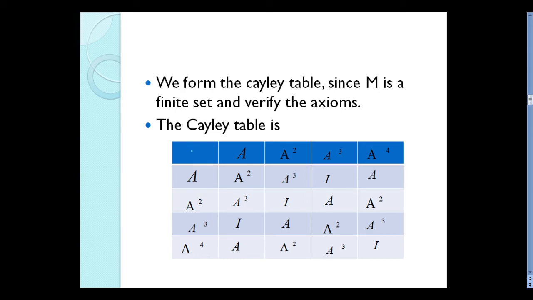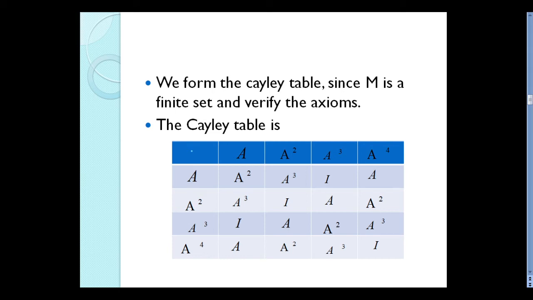So here you find A into which element gives A. A into A power 4 gives A. That means the identity element here is A power 4. Then you can check for A square: A square into A power 4 is equal to A square. That means A power 4 is the identity element.